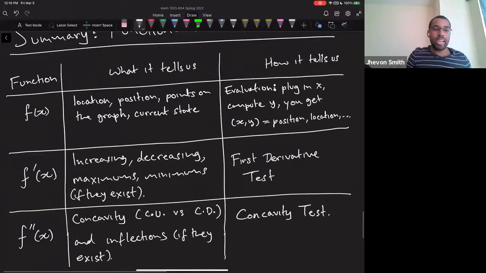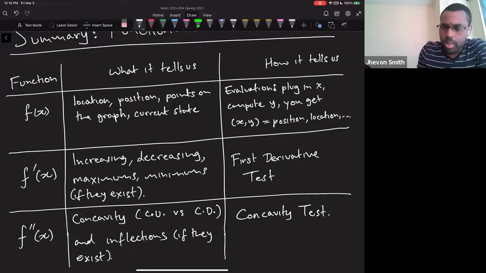So that's kind of the functions and when we should use them, what we should use them for, what can they tell us, and how do they tell us, right? So that's very useful to know. And we're going to see applications where we have to put that all together pretty soon. Not now, but these are just some important ideas to know now, so that when we need them later, we'll be able to pull on them.